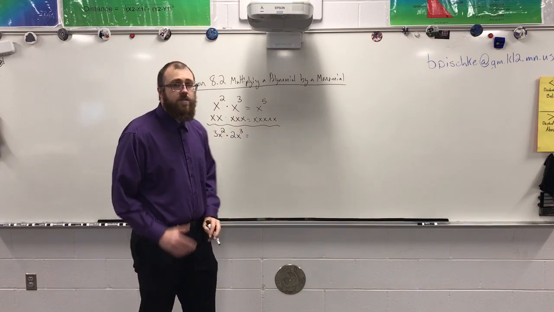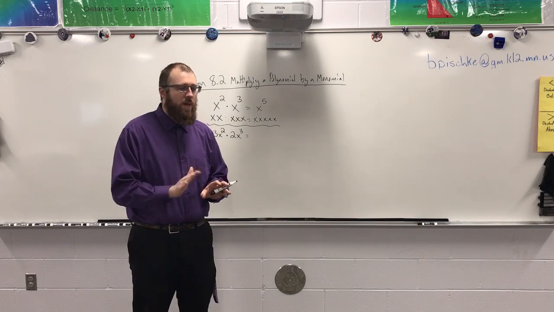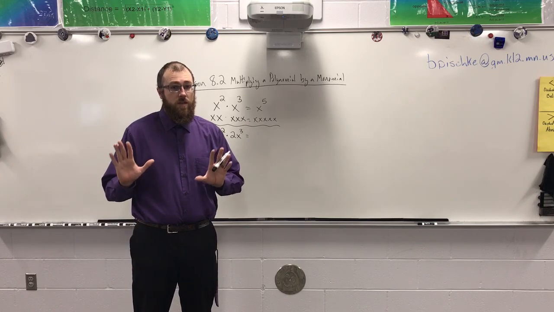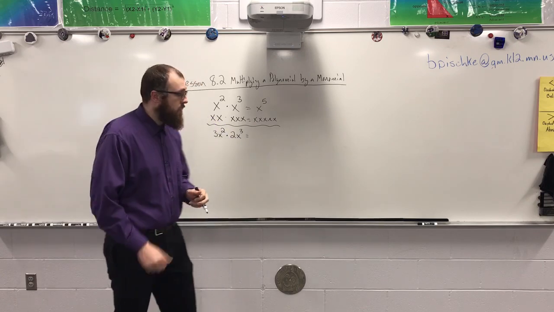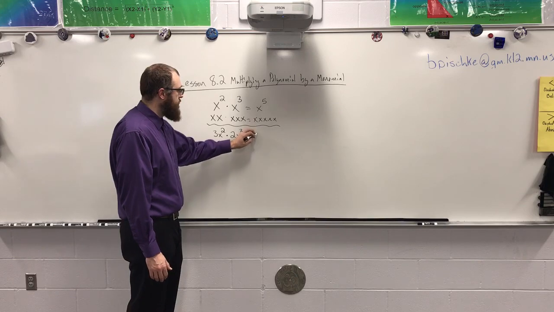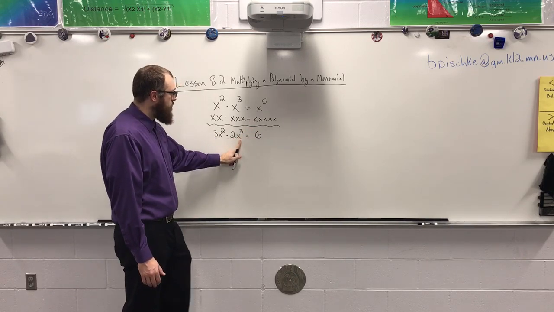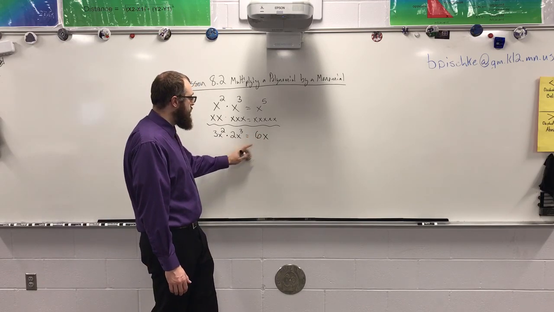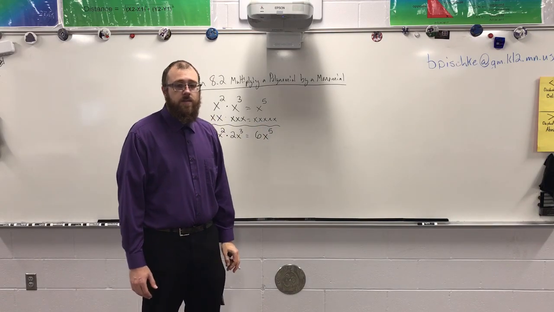Now the mistake that a lot of students make when they come across problems like this is that they either multiply both or add both and forget that the coefficients, or the numbers out front, need to be multiplied just like they would be before. 3 times 2 is 6. And the powers on the variables need to be added. X to the 2 plus 3 is 5. So I end up with 6x to the fifth.